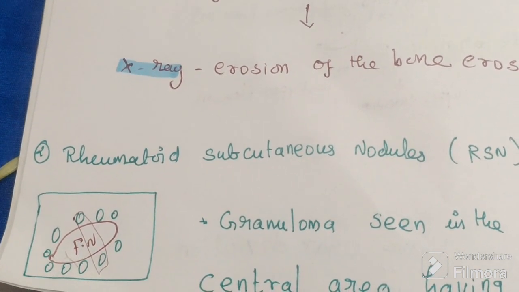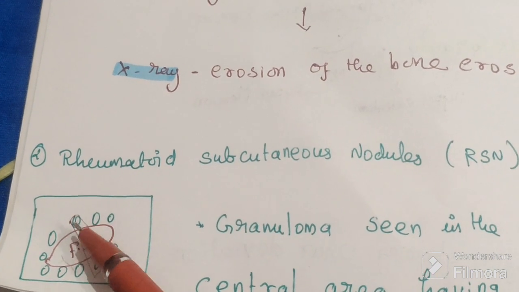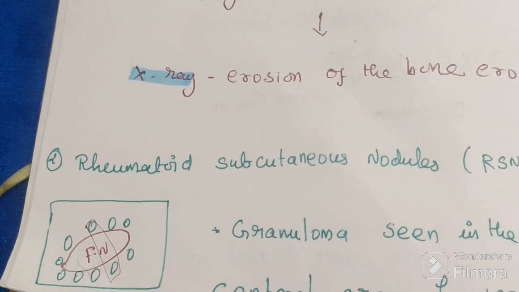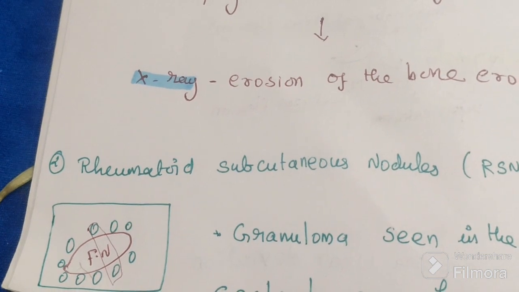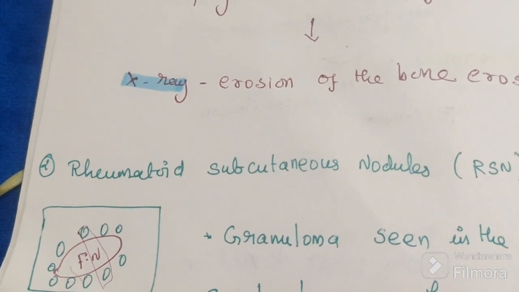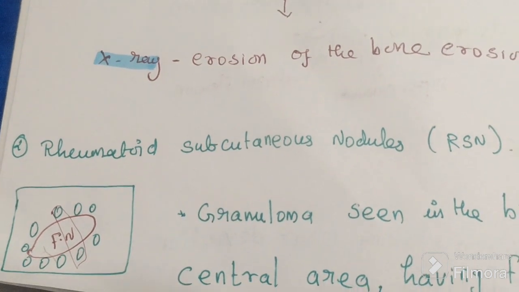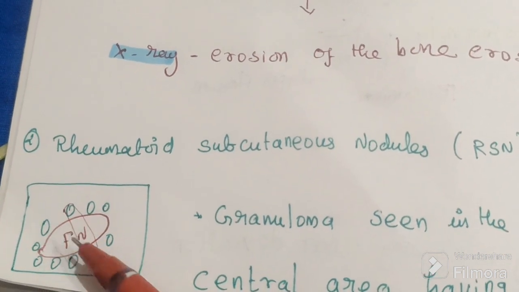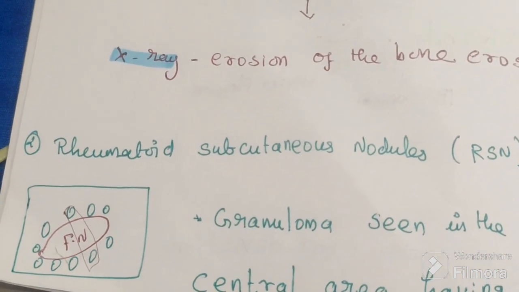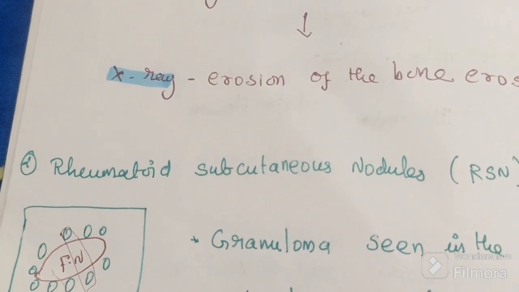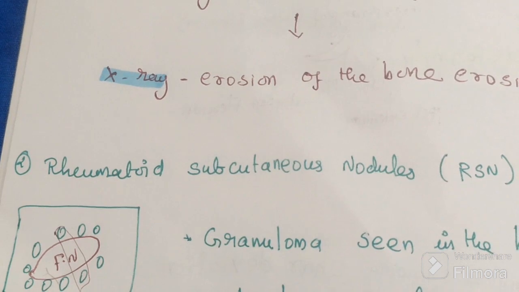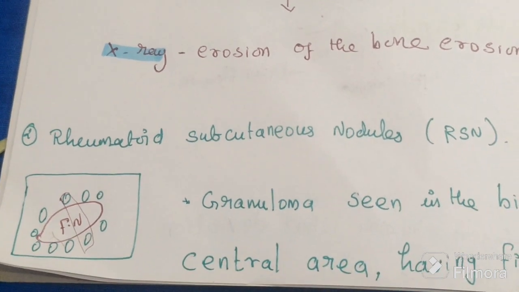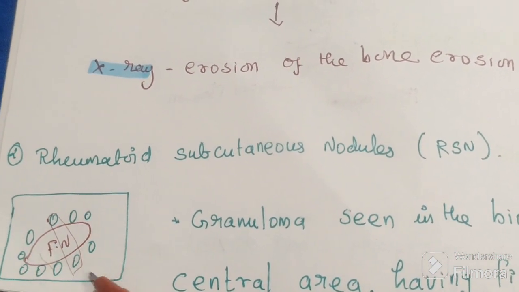Around the fibrinoid necrosis, palisaded macrophages are present. Palisaded means the macrophages are arranged in parallel. Fibrinoid necrosis surrounded by palisaded macrophages is called a rheumatoid subcutaneous nodule.